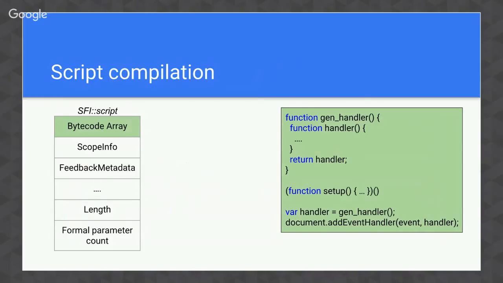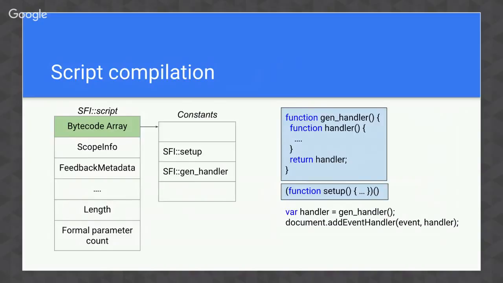The details here aren't really important, but we do that for the top-level code only. And then the inner functions of that top-level script are stored as separate functions on the heap. So our top-level script will have a list of constants. Those constants will include the inner functions, and those inner functions have to be compiled as well.